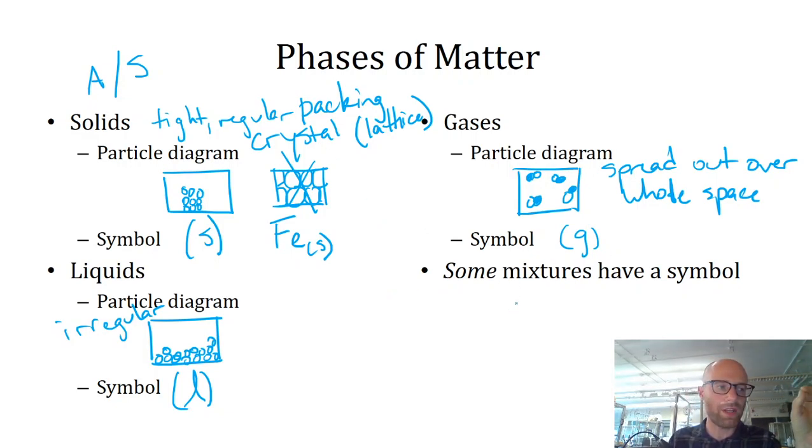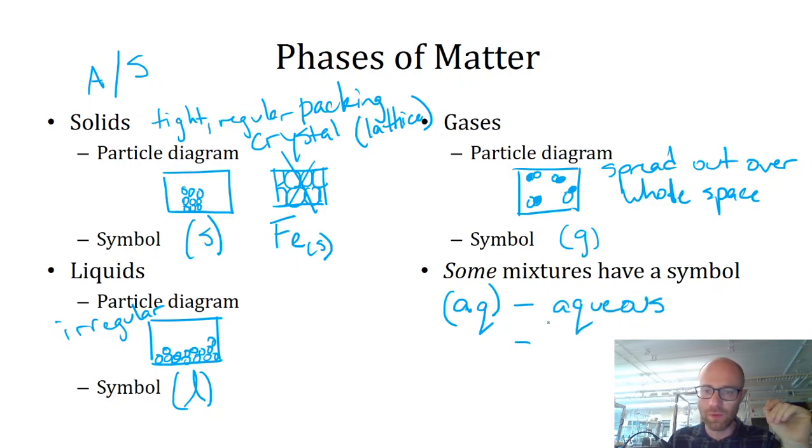There is a point of order here: I said that this usually refers to substances, but there is one specific mixture that is so common in our experience that we did give it its own symbol. So sometimes the symbol AQ will be shown next to a compound, and this means aqueous, which is code for dissolved in water.